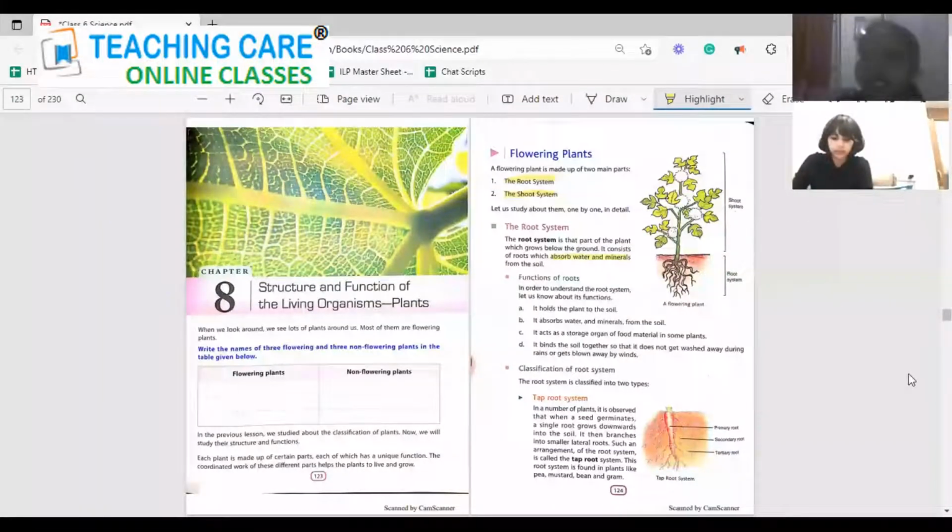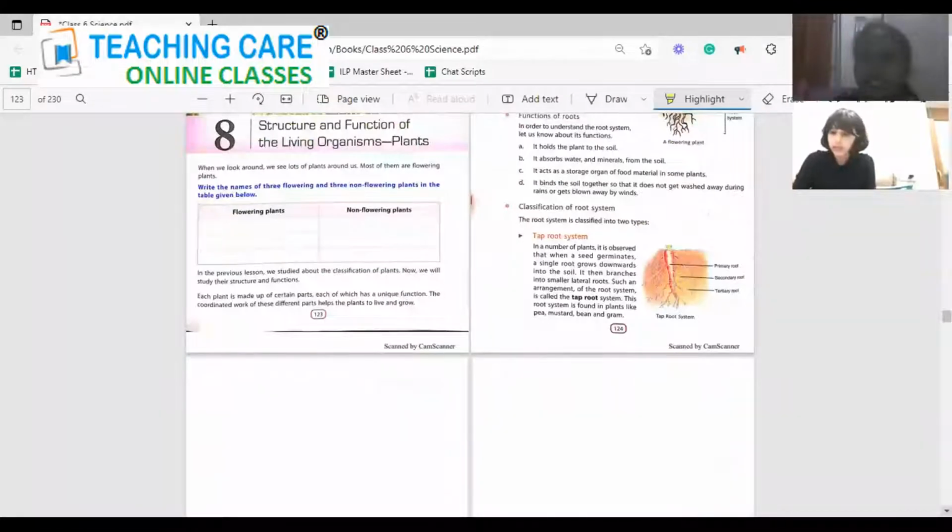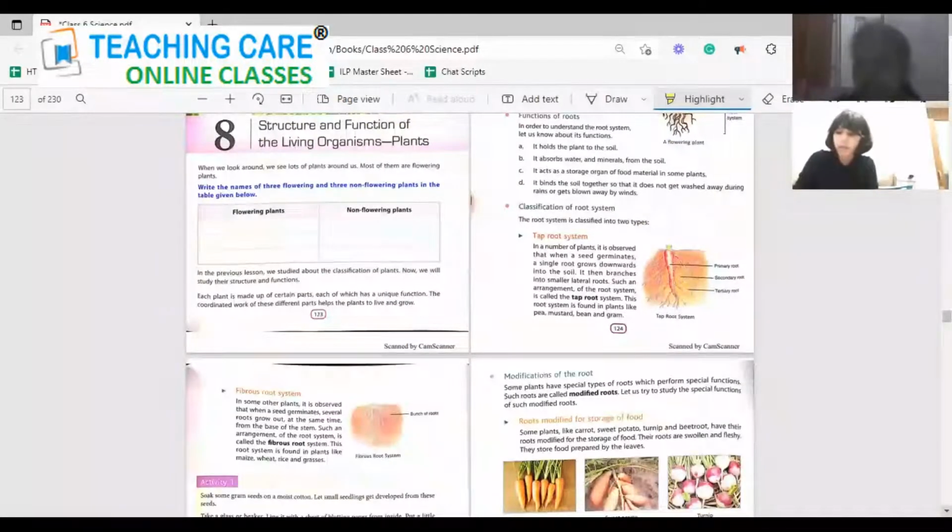First one is the taproot system. How is the root system classified? It's classified into two main systems: one is the taproot system and the other is the fibrous root system. Can you see the picture over here? This is the taproot system. Can you see?